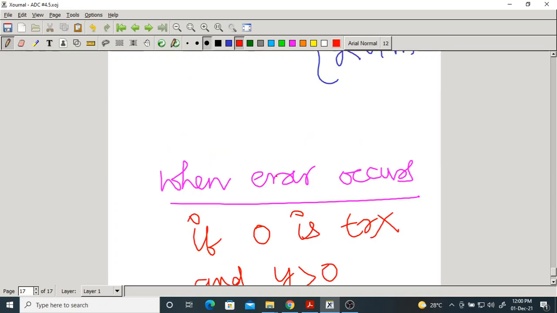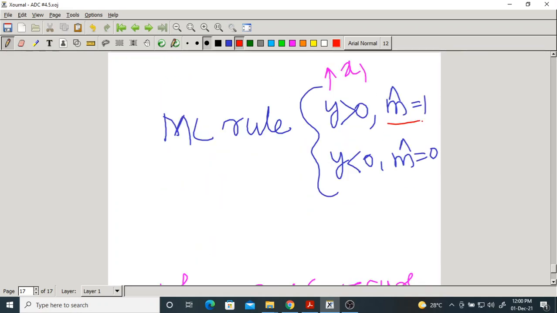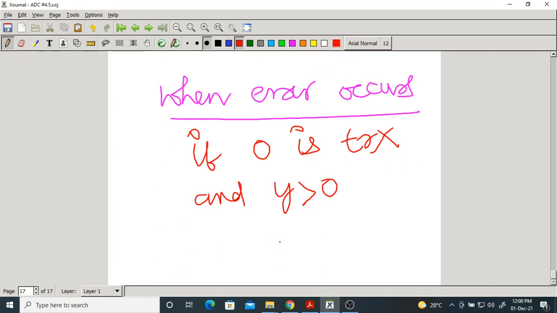If y is positive, we take the decision in favor of 1. We say m cap equal to 1. But what is exactly m? 0. So m cap equal to 1 but m equal to 0. They are not the same, so you end up getting an error. What is the other case? The reverse: if 1 is transmitted and y happens to be negative. So these are two possibilities.